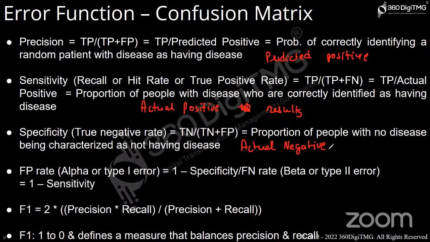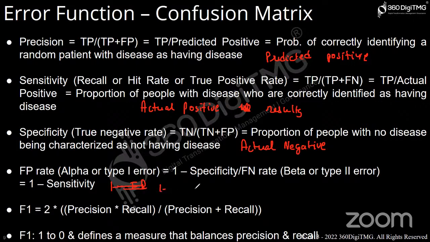And then we have false positive rate. This is also known as alpha error or type 1 error. Here we are checking for how many false positive results did we get. So how do we do it?